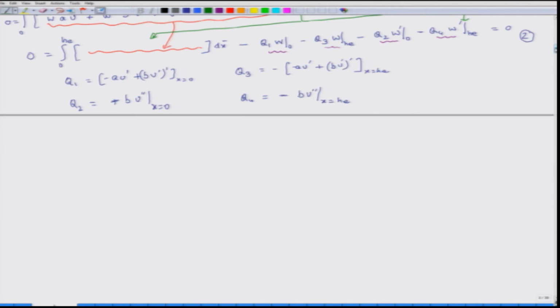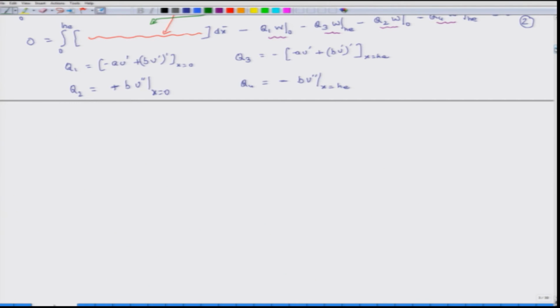Okay. So, let us do that. What we are doing is we are going to replace u of x, t with summation of u j, which is a function of time, times phi j, which is a function of x.